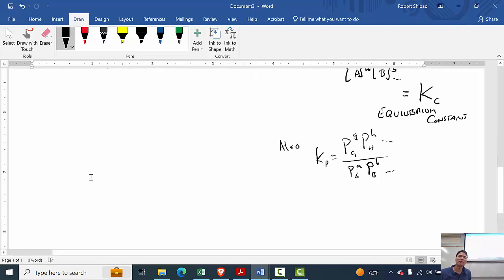Or we might have a mix, you know. If we have a mix of states, then we have something called Keq. Keq deals, instead of with pressures and concentrations, with little a.